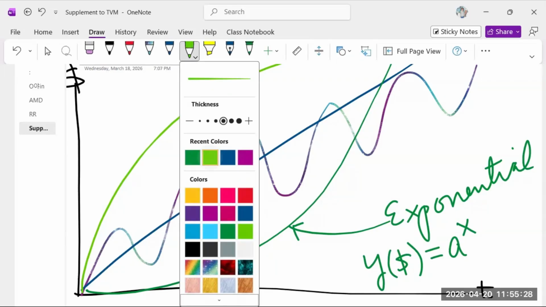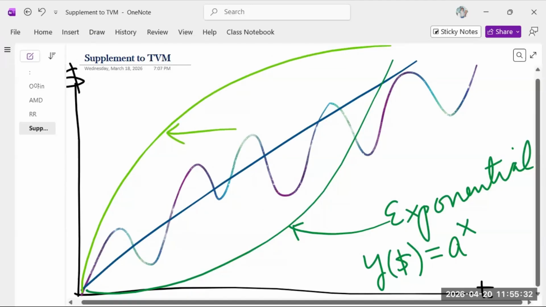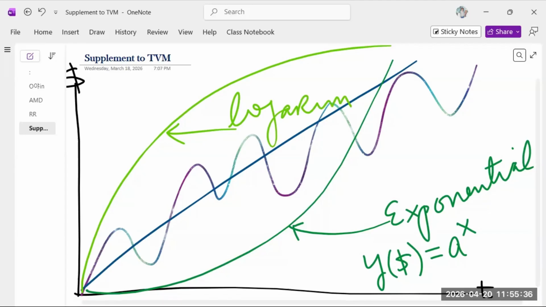And this type of growth, this pattern, is called logarithmic.